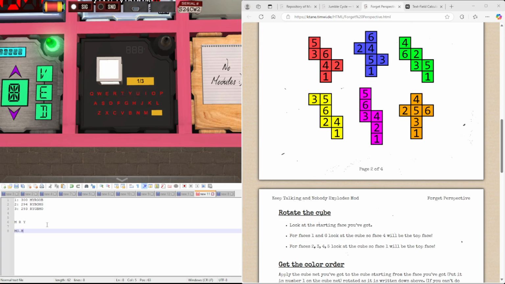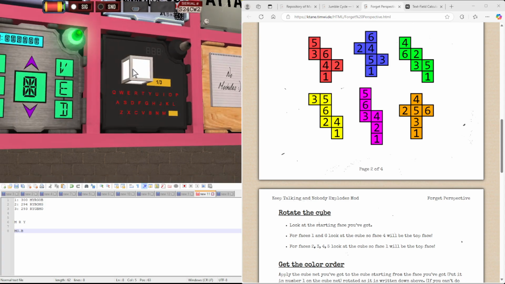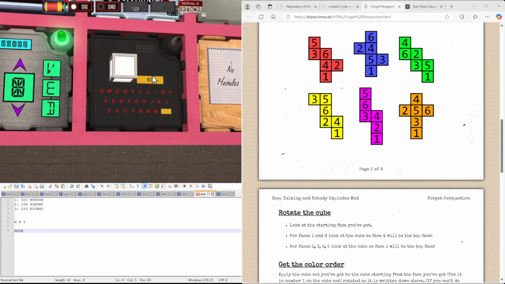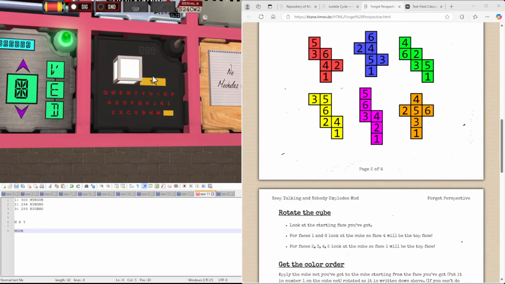So this one. 4. With 5. What faces do we not have yet?